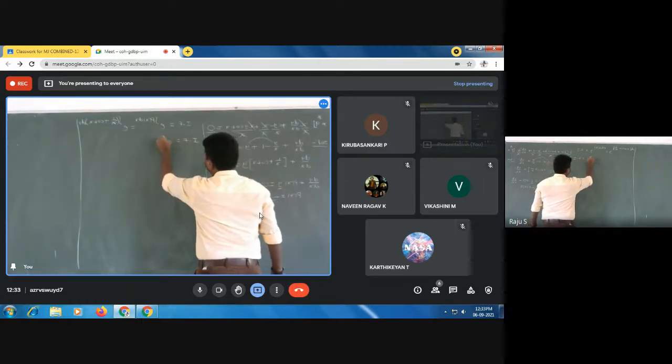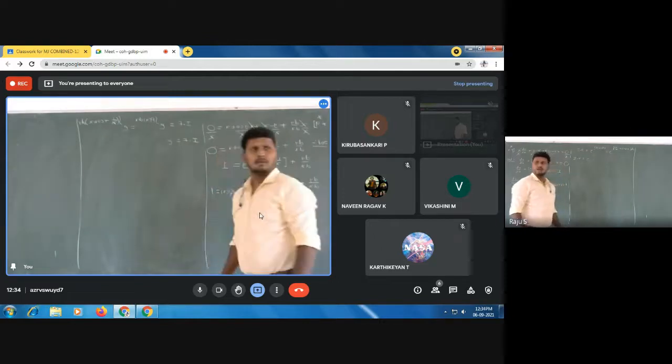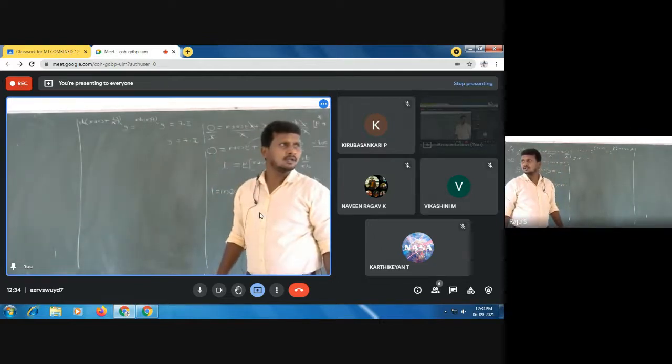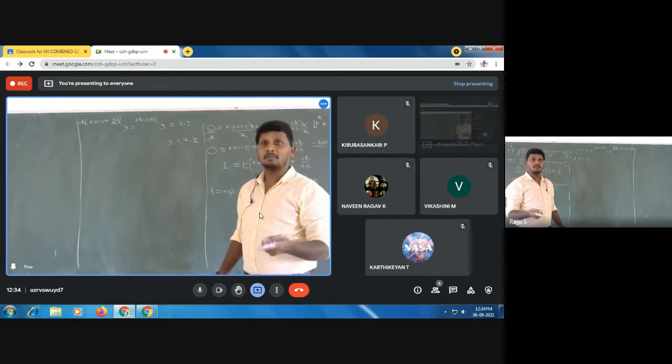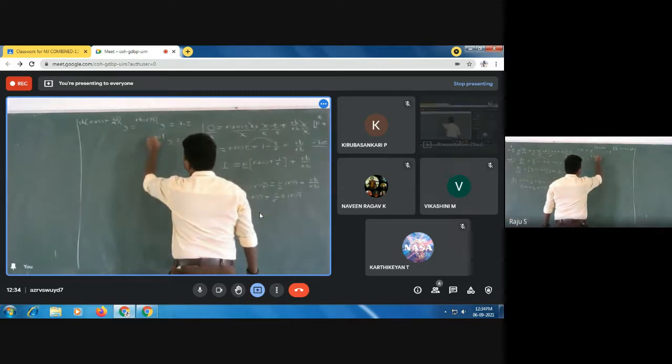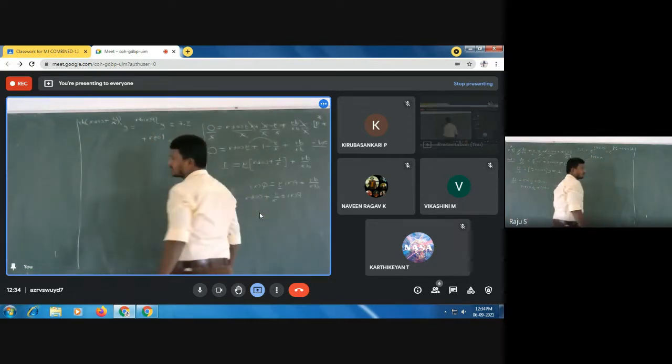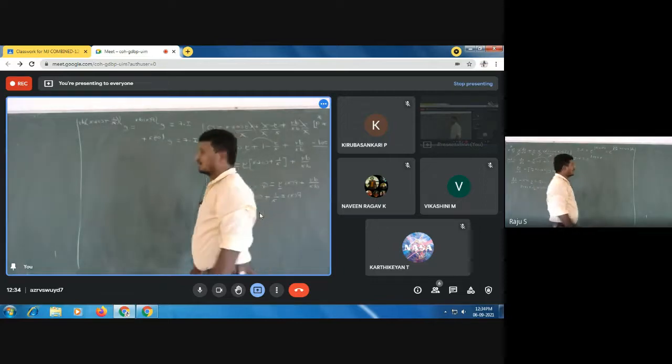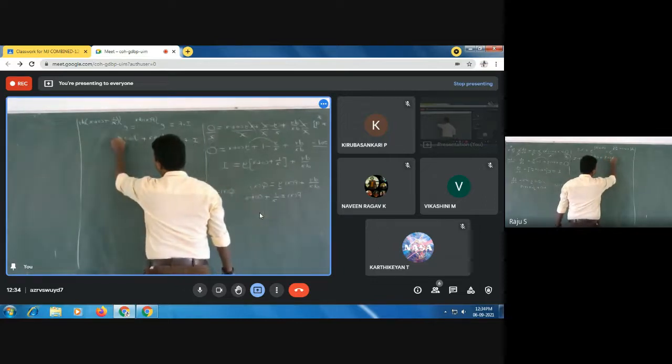E power, okay, integral 1 by x is log x or minus 1 by x square? Integral 1 by x formula. Yeah, it's log x. Integral cot x is log of sin x.